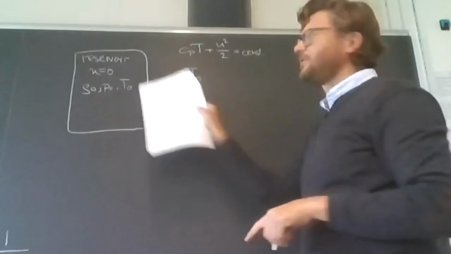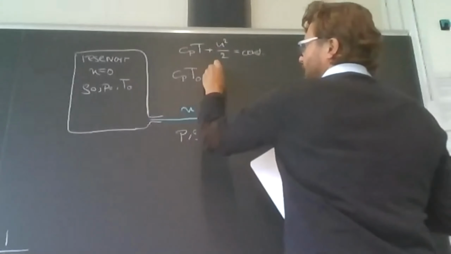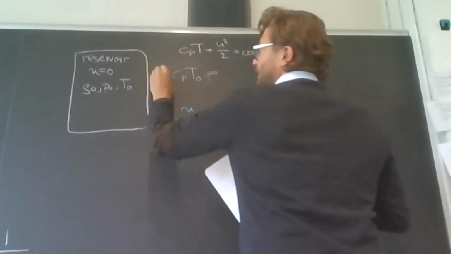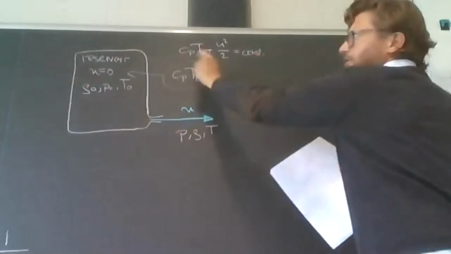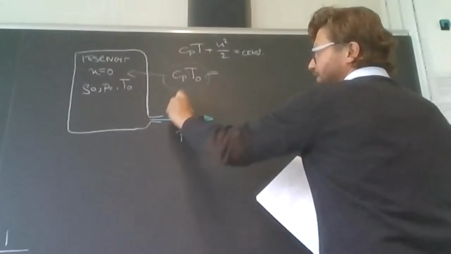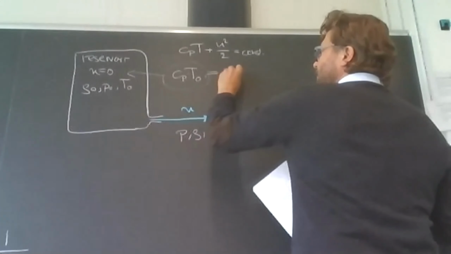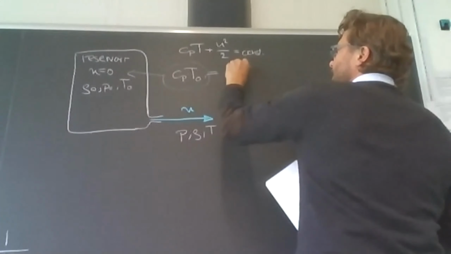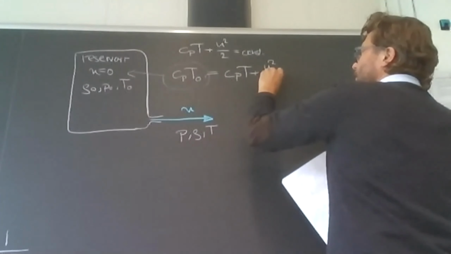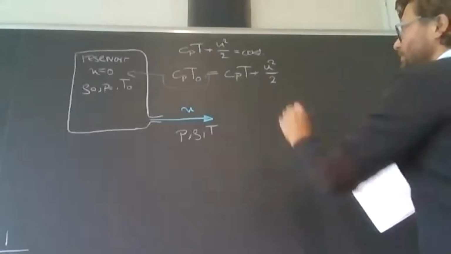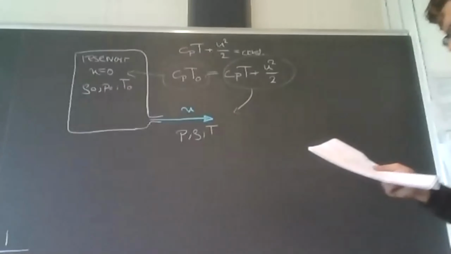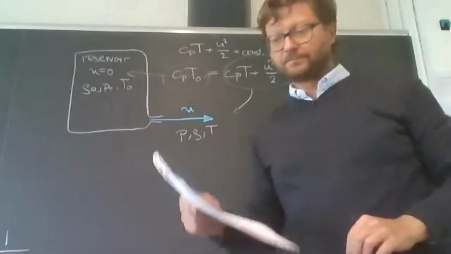But here the velocity is 0, so this term is 0. So the energy in the reservoir is just Cp T naught. It's just the enthalpy. Down here, we obviously have Cp T plus u squared over 2. So this is the energy in this state here.